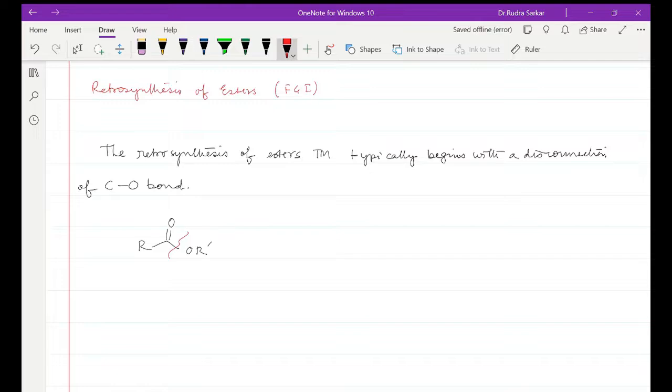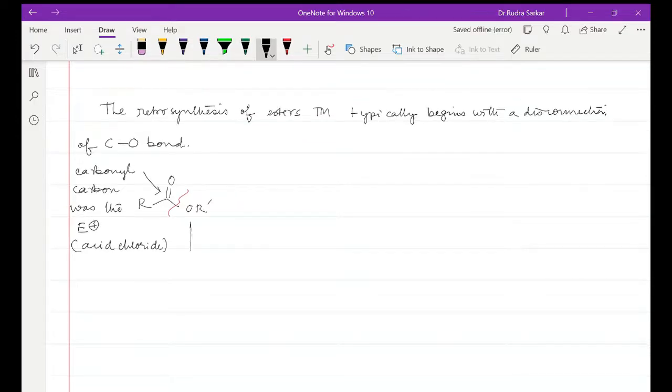We wish to disconnect at the C-O bond, as I have said, which means that this particular carbon, the carbonyl carbon, as the reaction was happening, was the electrophilic center, that is the carbonyl carbon of an acid chloride, and this oxygen over here was the nucleophile.